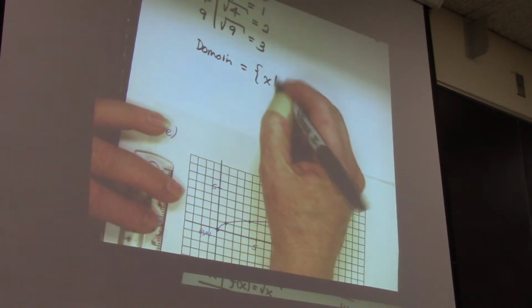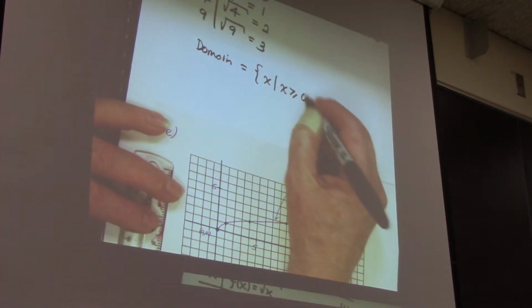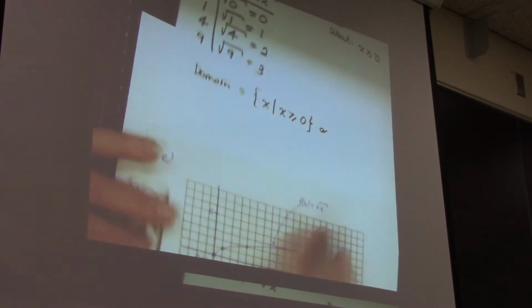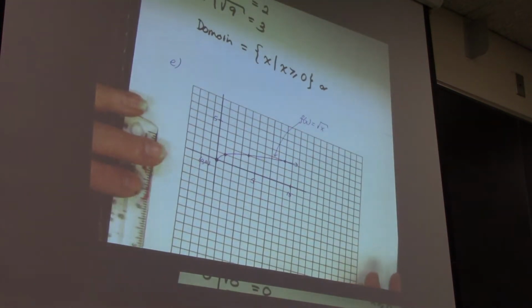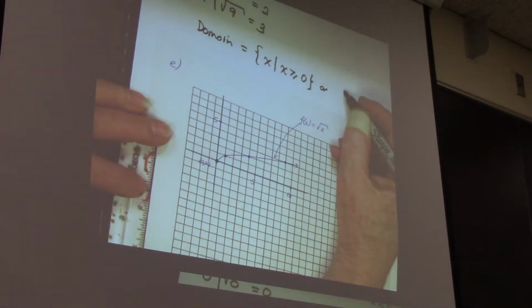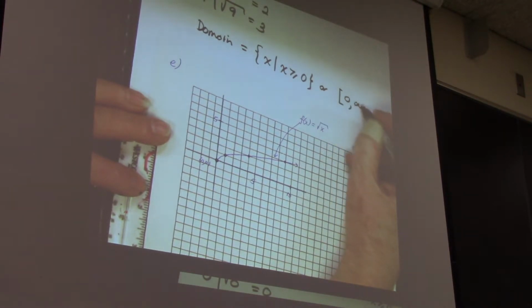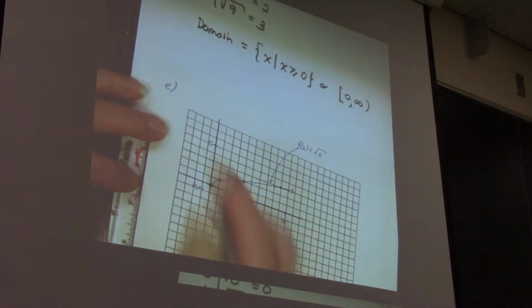So we could say the old way, the set of all x such that x is greater than or equal to 0, like we had here. Or in interval notation, what's the domain? Bracket, because 0 is included, bracket 0, infinity.